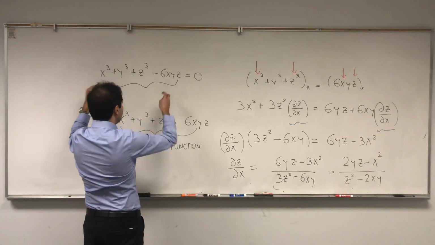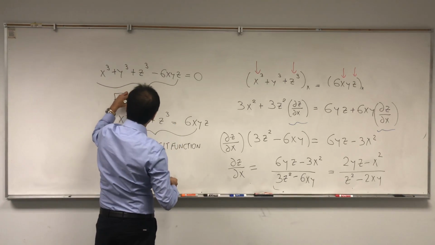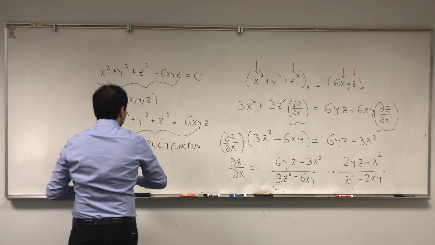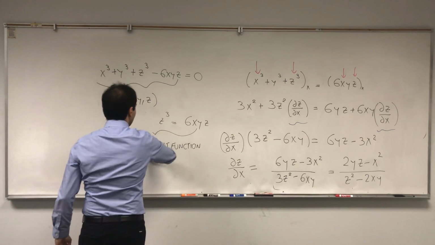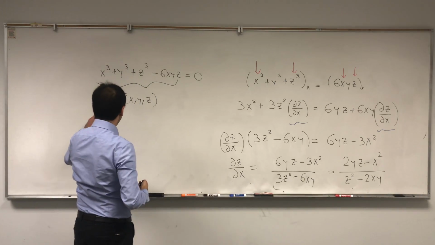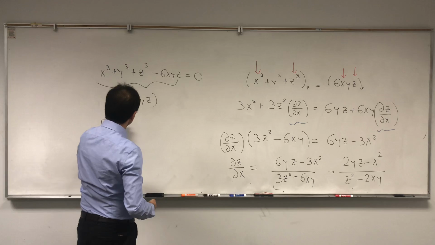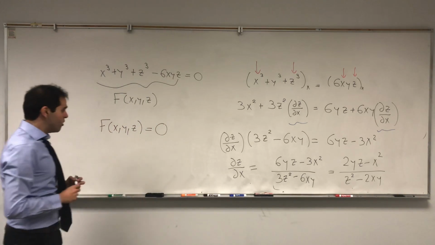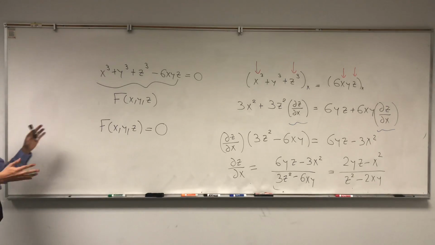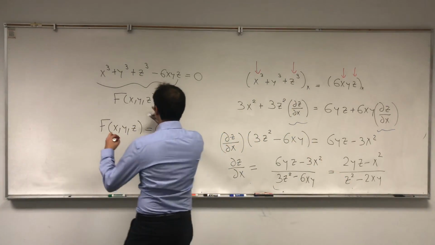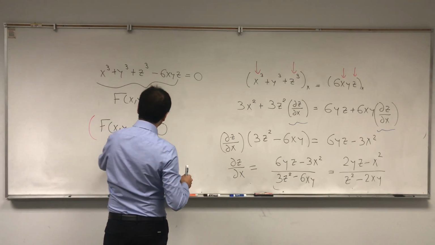And this thing, just call it capital F of x, y, z. And so in other words, the equation we have is capital F of x, y, z equals 0. And how about we take that and differentiate that with respect to x? Because ultimately we want to find z_x.